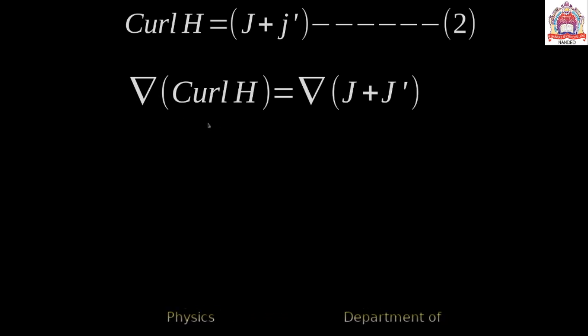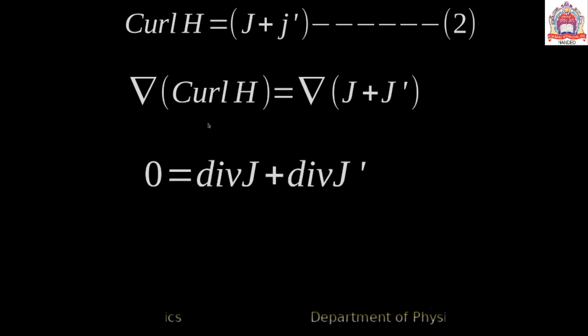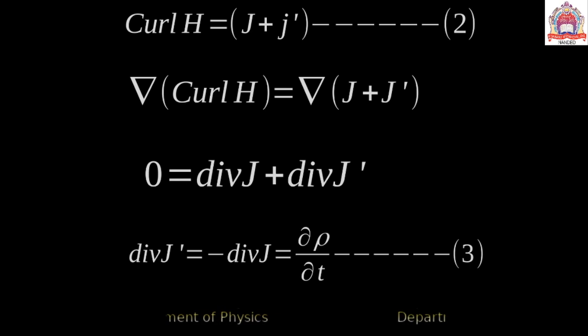So 0 is equal to divergence J plus divergence J dash. Now take divergence J to the left hand side, so we get divergence of J dash is equal to minus divergence J, and minus divergence J is nothing but dou rho by dou t, that is the equation of continuity.